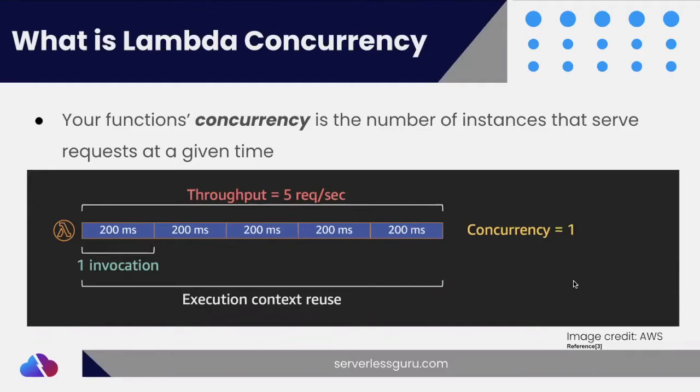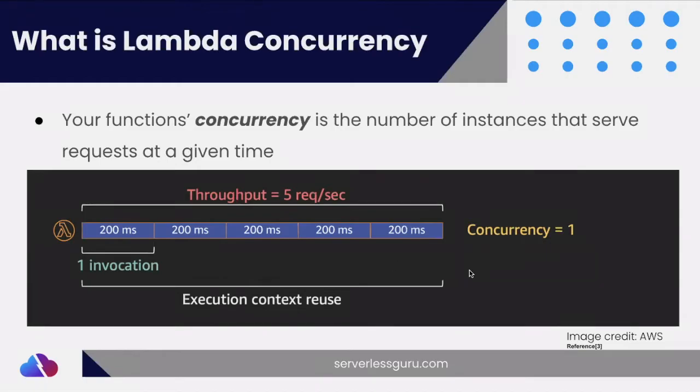So if the same function receives 6 requests or 8 requests, what happens? The first container will serve the first 5, and the 6th one will be sent to another container of the same function. What Lambda does is, when it receives the first request, it creates the first container, and that will serve the first request. While the first container is serving the initial request, if another request comes, it will create another container to serve it.